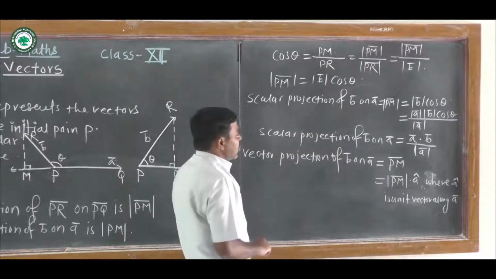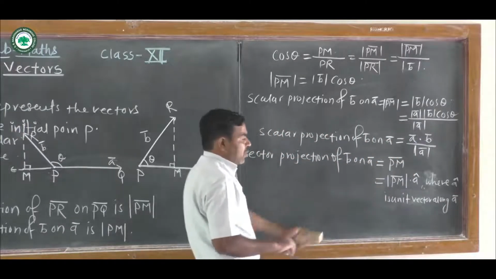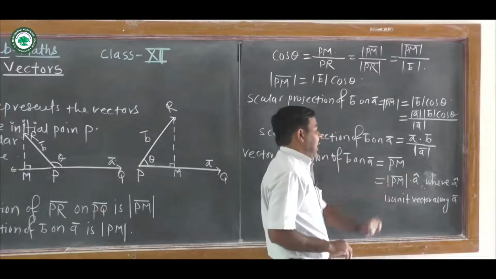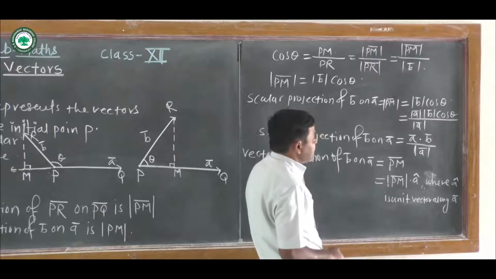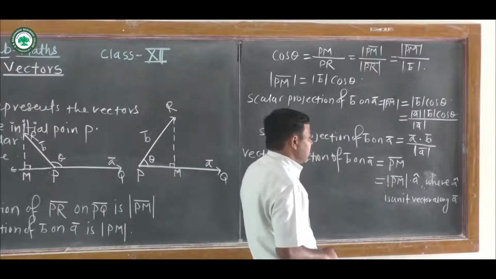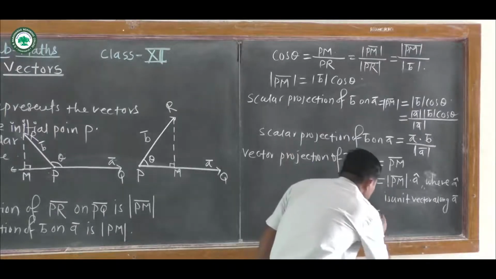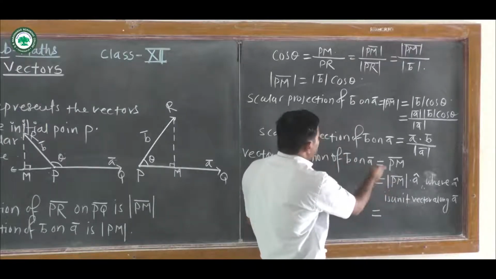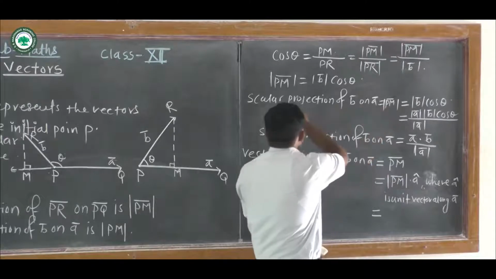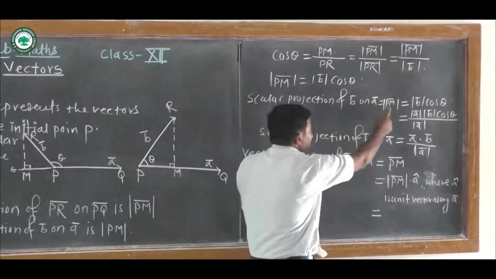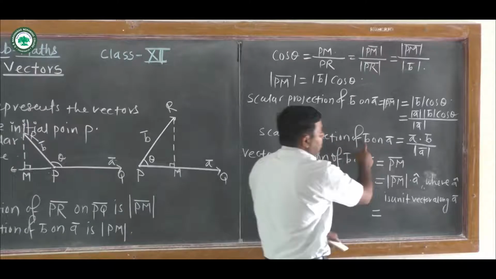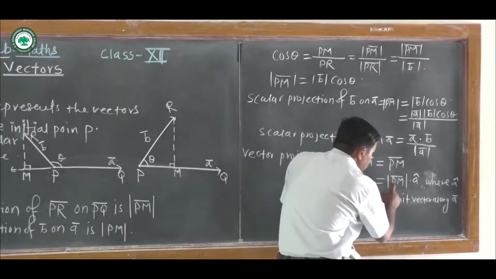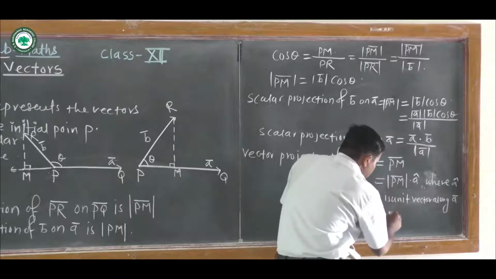So the vector projection of B bar on A bar is equal to the magnitude of vector PM into A cap. The magnitude of vector PM is the scalar projection of B bar on A bar, which is A bar dot B bar divided by the magnitude of vector A. So this is the value of the magnitude of vector PM.